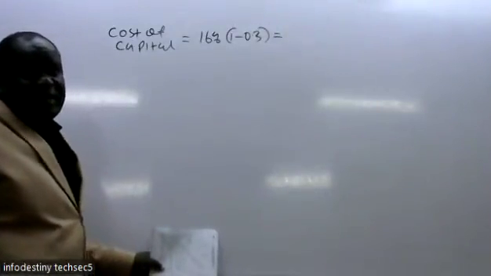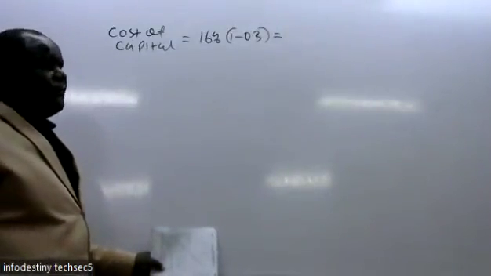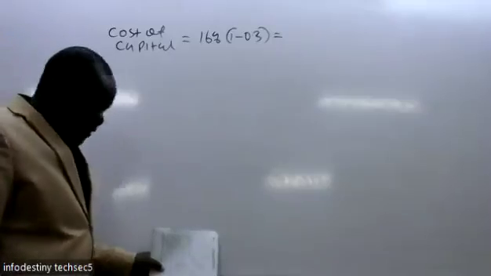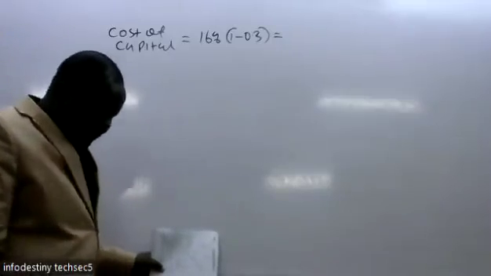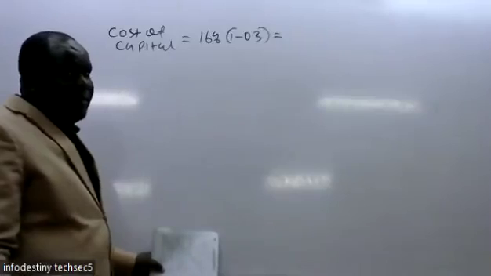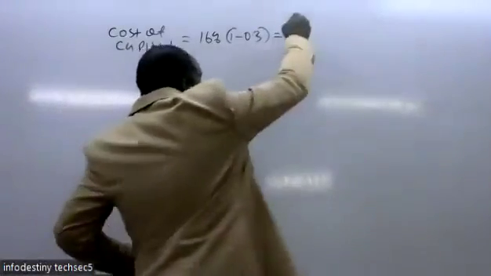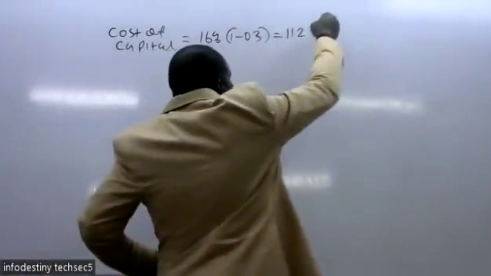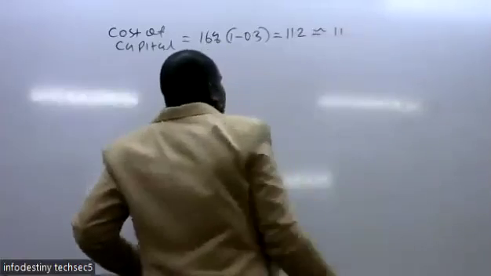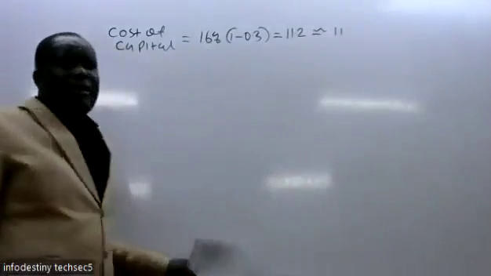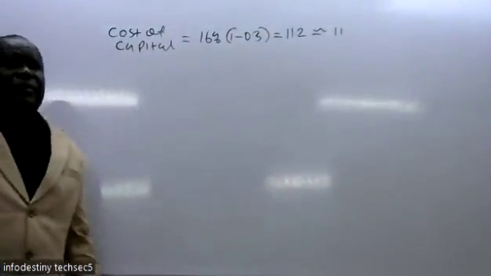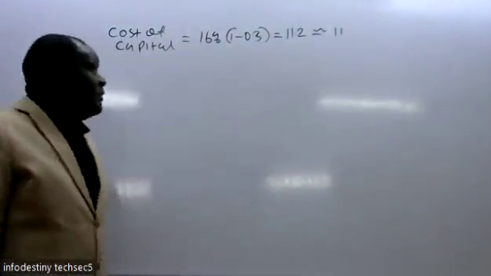Simply take the interest rate, then tax that figure. When we do that, we get 11.2. We can use roughly 11% because it's closer to that.